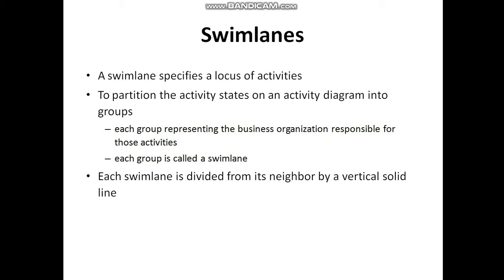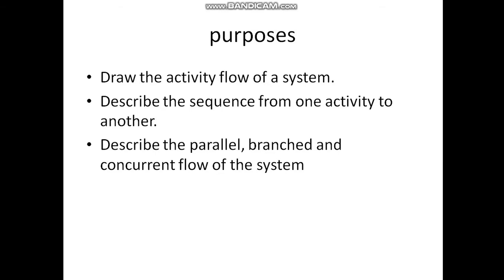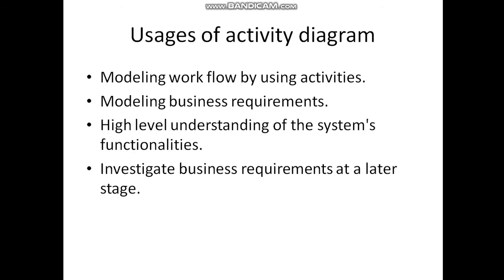Simply, swimlane contains activities done by one group or component. Purpose. Using activity diagram, we can show activity flow, processing sequence of each activity, and represent parallel activity, branch activity, and loop in activity.